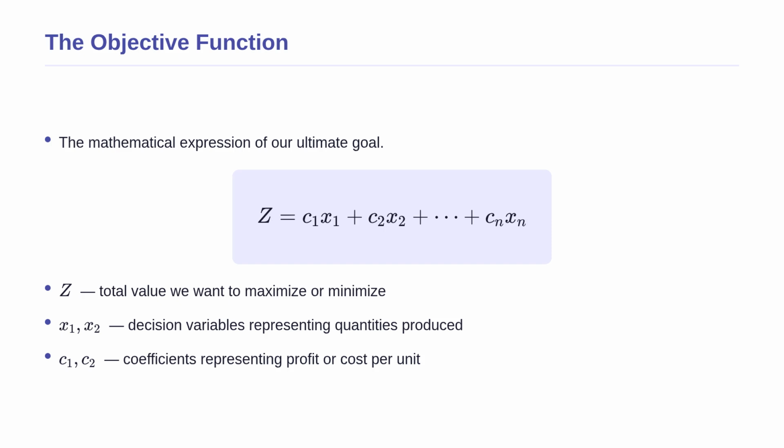The symbols C1 and C2 are the coefficients, representing the profit or cost associated with one single unit of X1 or X2. As the values of our decision variables increase, the total value Z will change accordingly. Our goal is to find the exact combination that gives the best possible result.